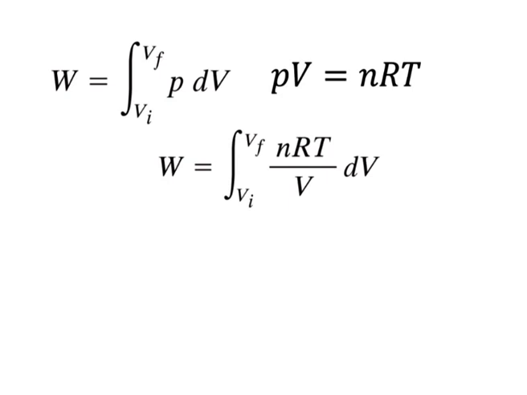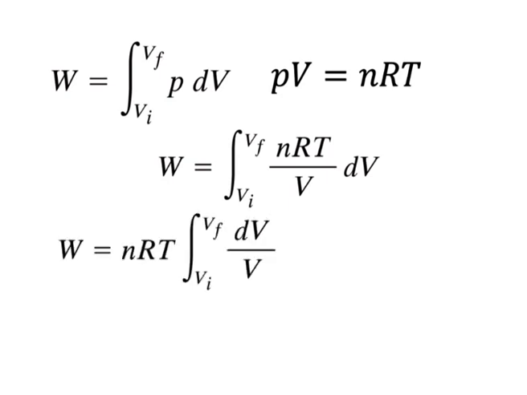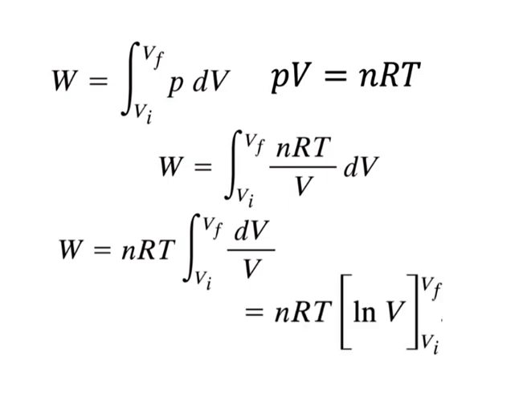Because we are considering an isothermal expansion, T is constant, so we can move it in front of the integral sign to write W = nRT times the integral of dV/V from Vi to Vf, which equals nRT times the natural log of V evaluated from Vi to Vf.